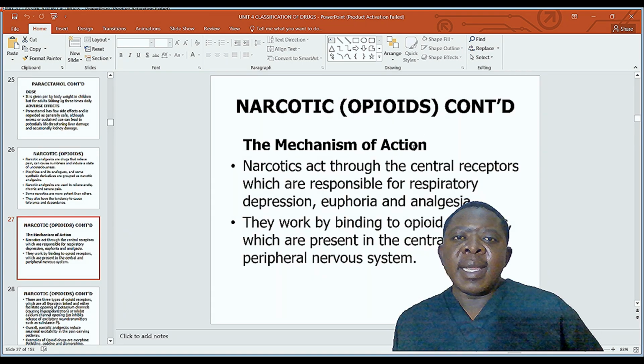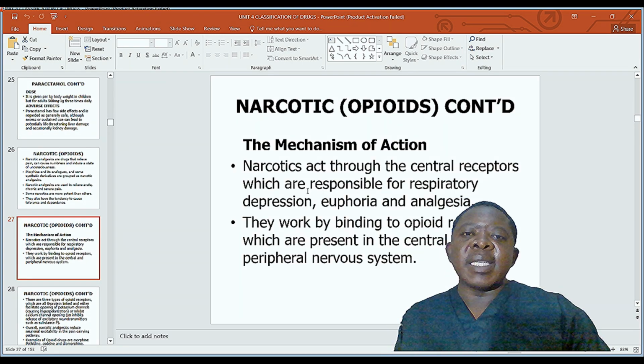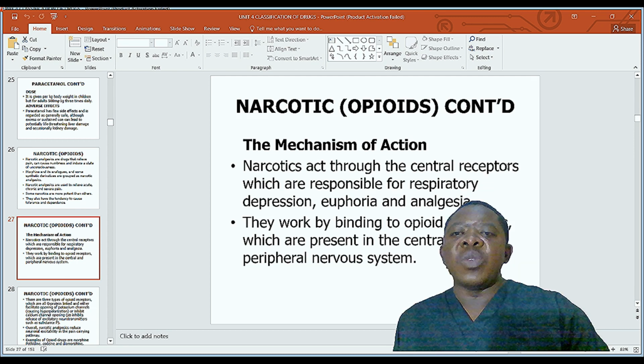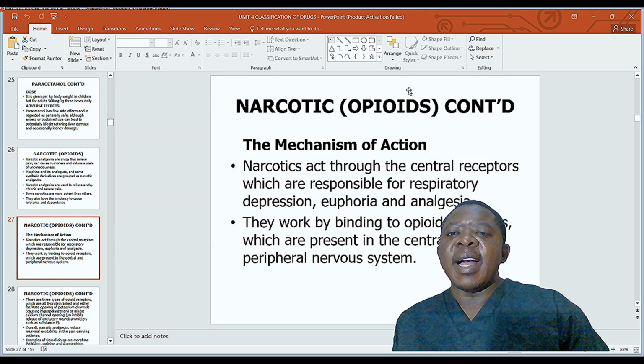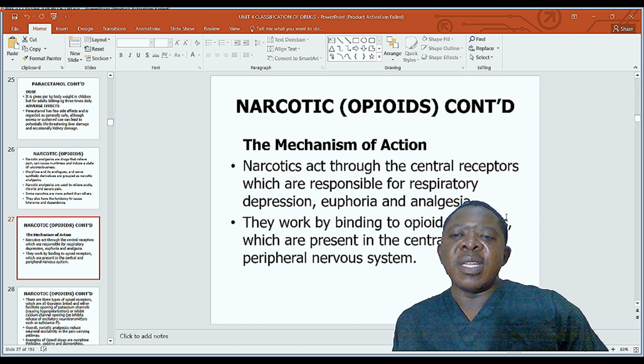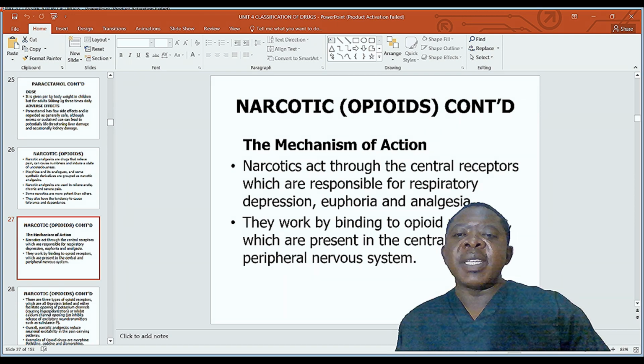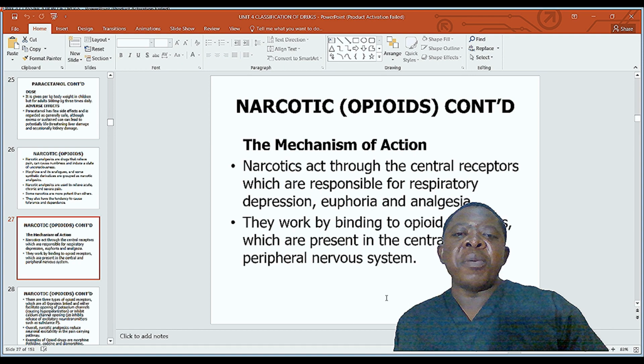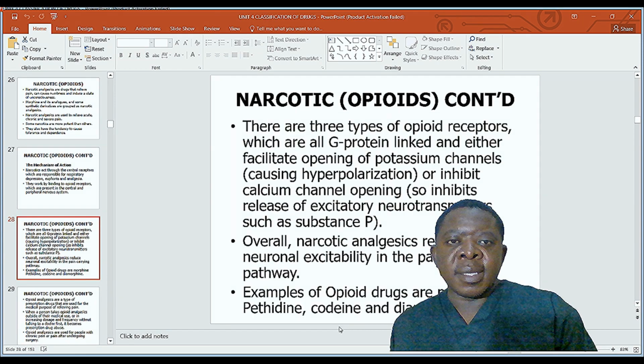Narcotics, mechanism of action. They act through the central receptors which are responsible for the respiratory depression, for euphoria and analgesia. They work by binding to opioid receptors which are present in the central and the peripheral nervous system.